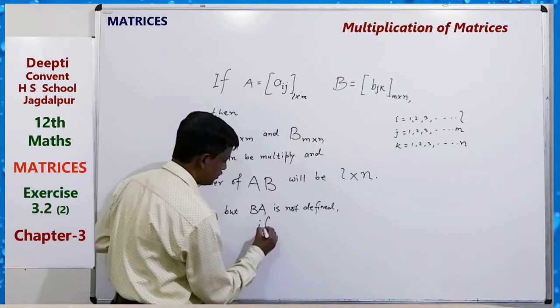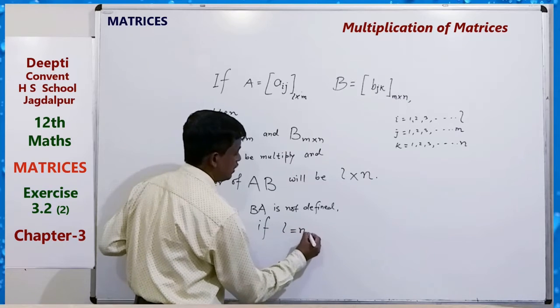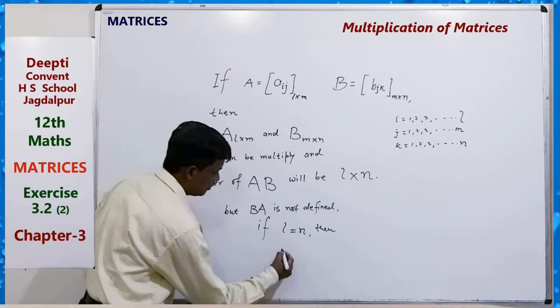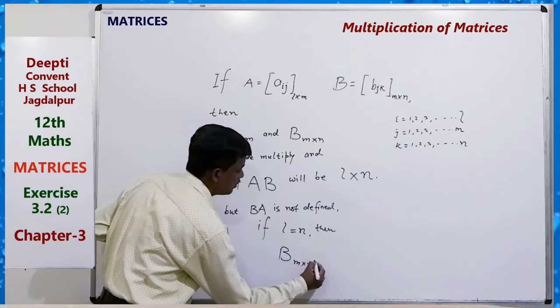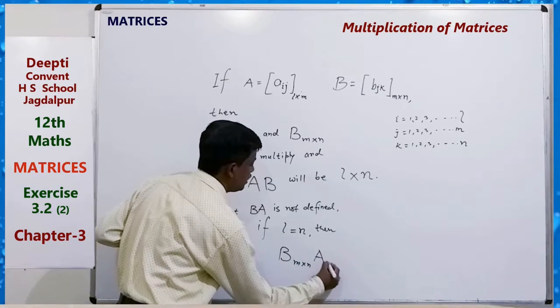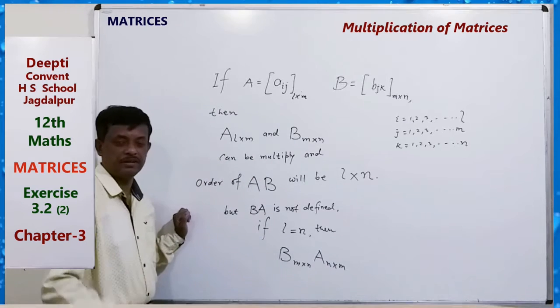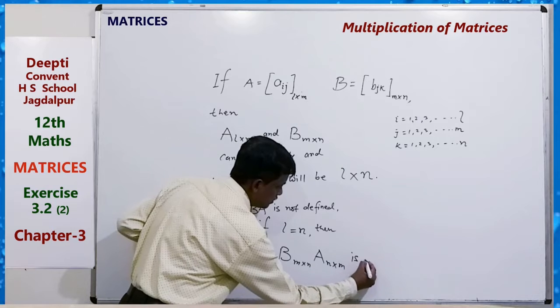If L equals N, then B means M by N, A means N by M, and it can be defined. Then this is defined.